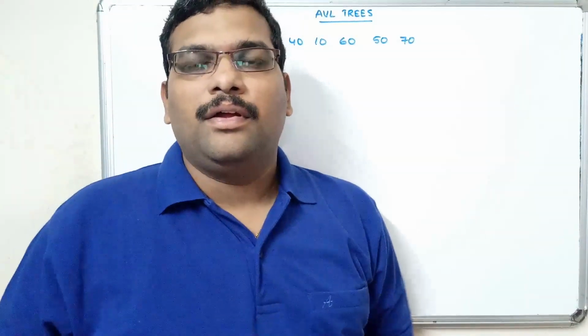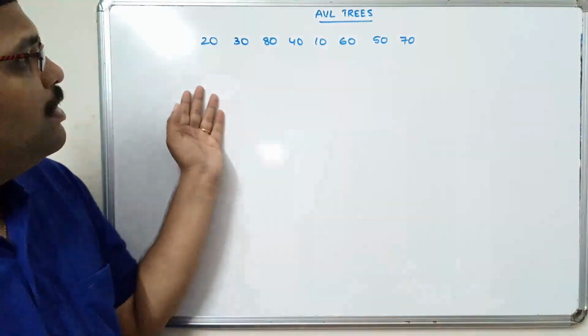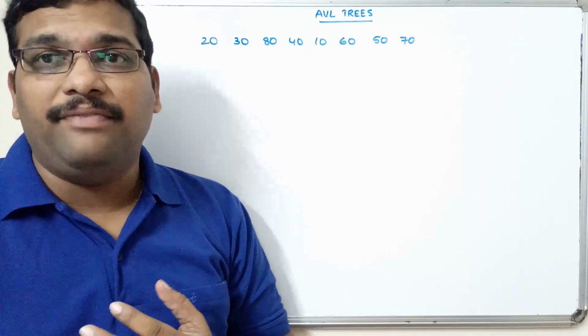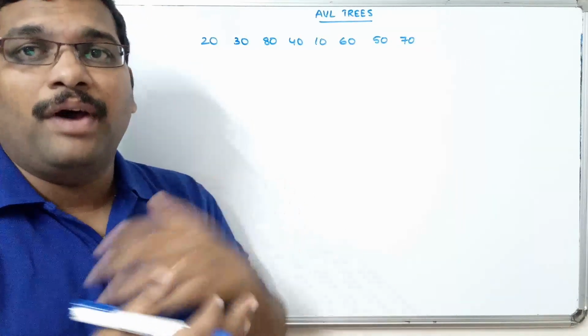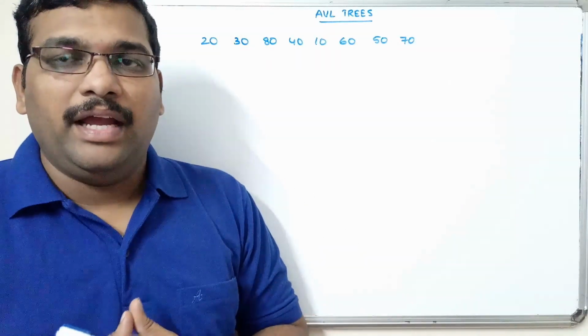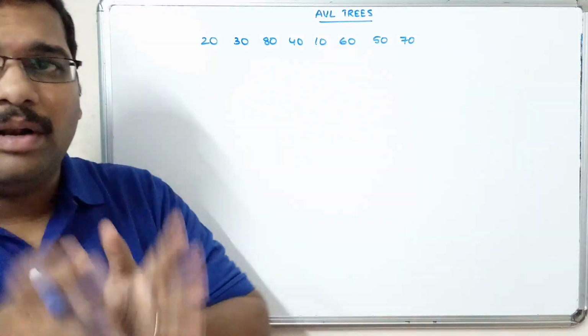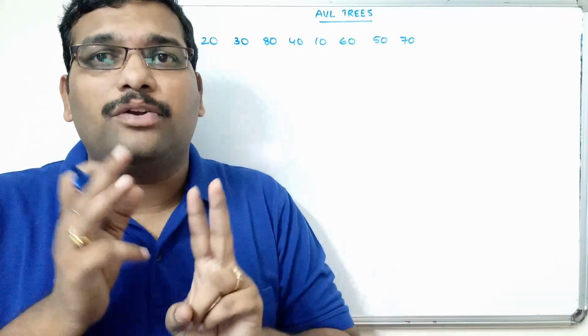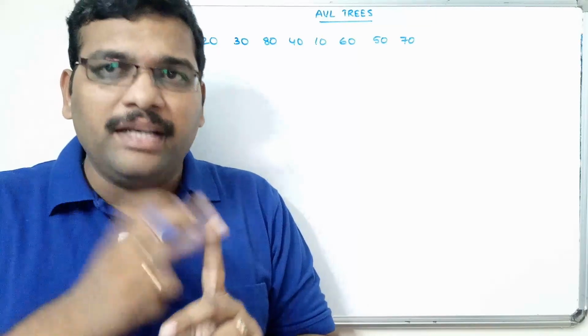Right? Now let us see an example and let us construct an AVL tree for the given nodes. Right, now let us see this example. Let us take these elements and now we have to construct the AVL tree. That means inserting one element after another. And we have to remember that after inserting an element we have to check for the 2 properties. One is the binary search tree property.